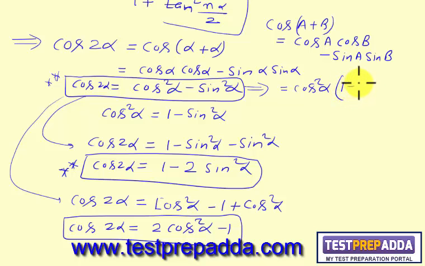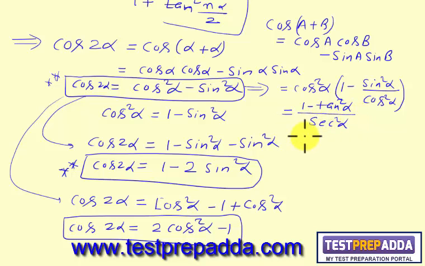Inside the bracket I will write 1 minus sin square alpha upon cos square alpha. So what is this sin square alpha upon cos square alpha? Tan square alpha. So it becomes 1 minus tan square alpha, and cos square alpha can be written as 1 upon sec square alpha.